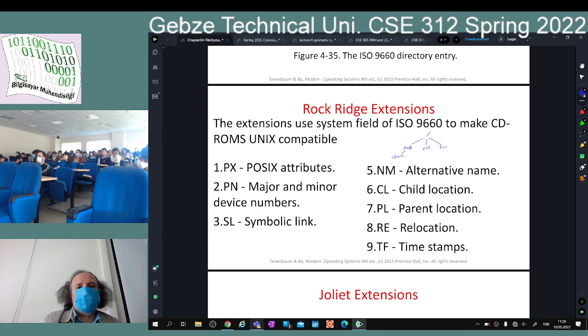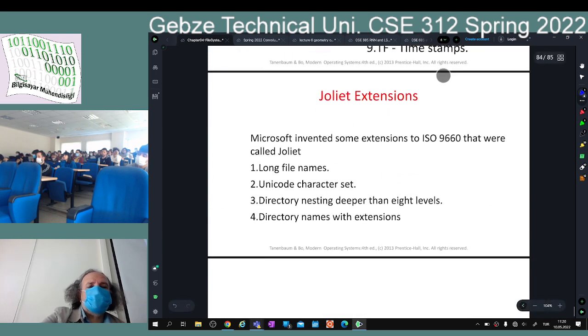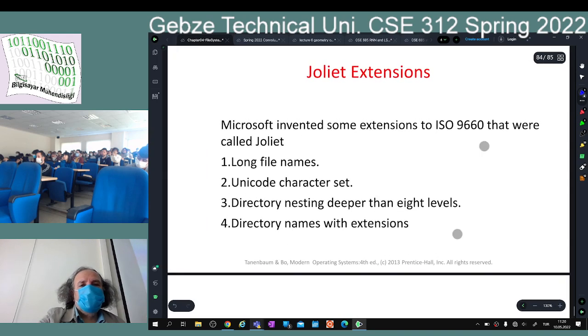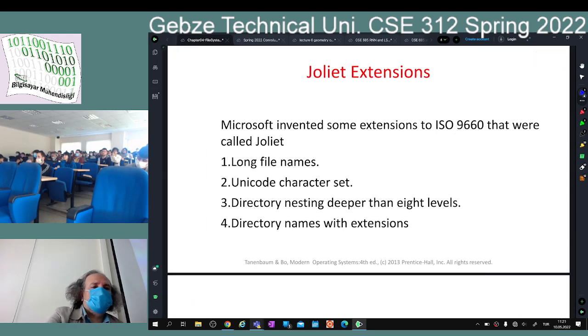Later they said that if we are doing this, how about more extensions, Joliet extensions? With this one again, it's ISO compatible, with longer file names and the Unicode character set. In MS-DOS file systems and the original Unix file system, you cannot use characters other than the ASCII characters.